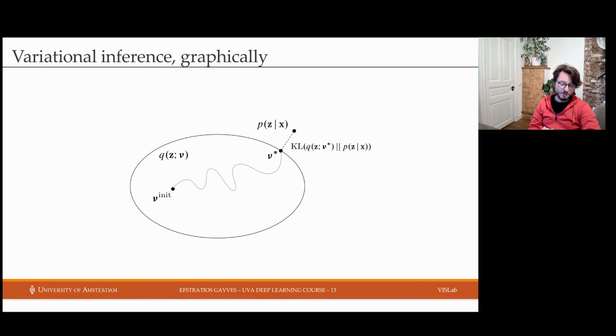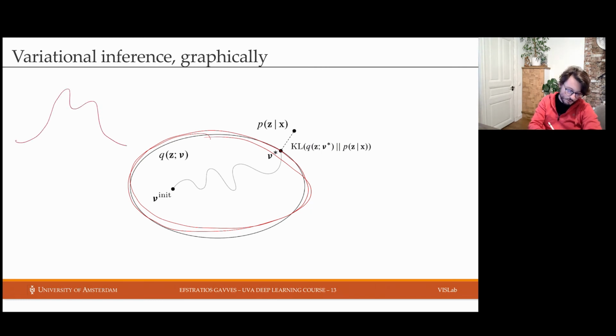Graphically, the variational inference model can be simply depicted as follows: this is my family of all possible functions. Let's say again I want to approximate this true posterior, and this true posterior corresponds to this dot, with some sort of Gaussian.